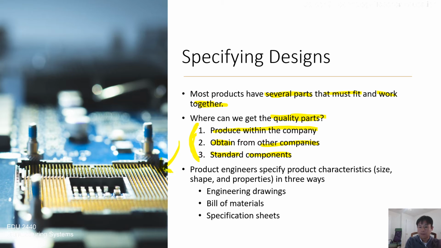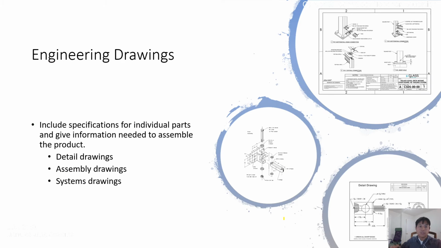Also, the product engineers need to specify the product characteristics, such as size, shapes, and properties, in three ways. I'm going to explain these three ways in this module. First is engineering drawing, then bill of material, and specification sheets. The first one is engineering drawing.